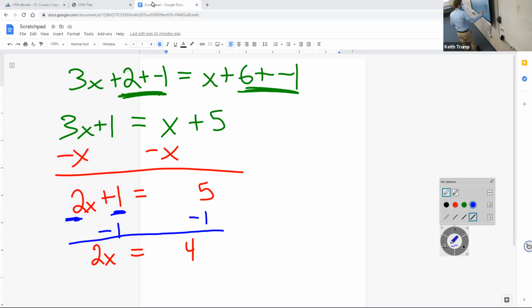Okay, now I need to get rid of the 2. Well, how do I get rid of the 2? Now the 2 is right next to the x. And in math, it's called the default operation, which is just a really fancy way of saying there is a multiplication symbol, a little multiplication dot in between the 2 and the x, okay? So when you have a number right in front of a variable, it means that number times the variable.